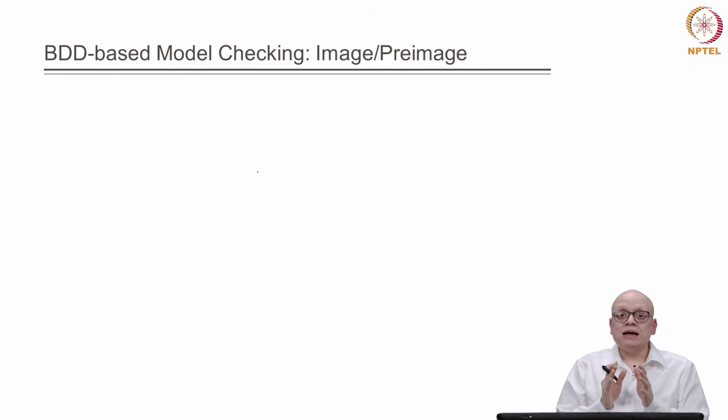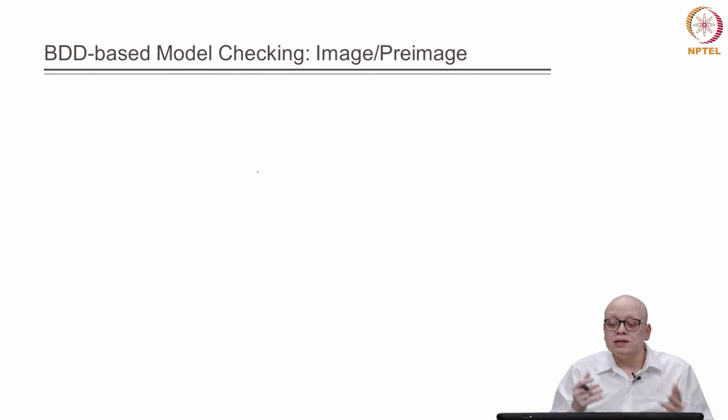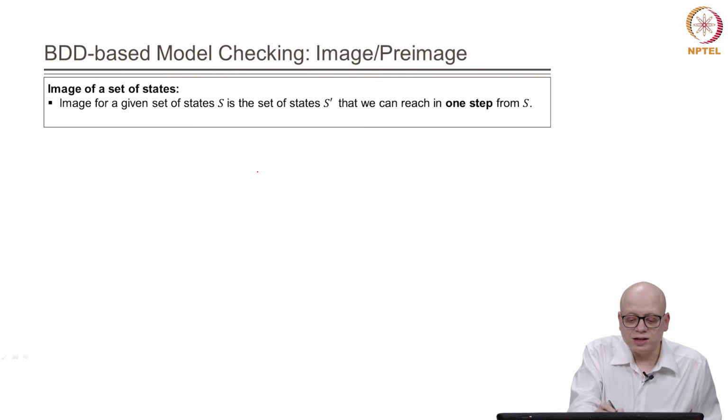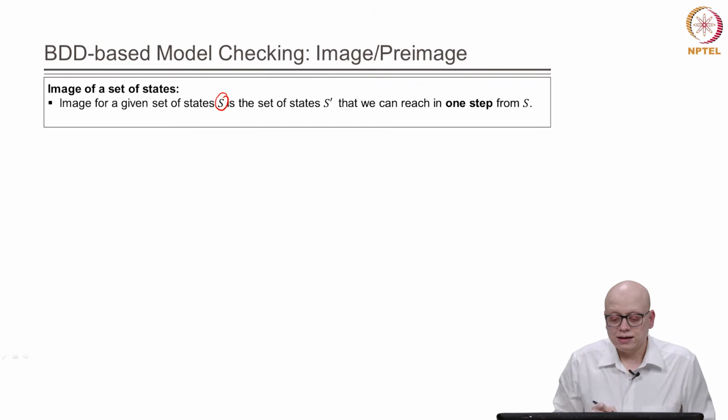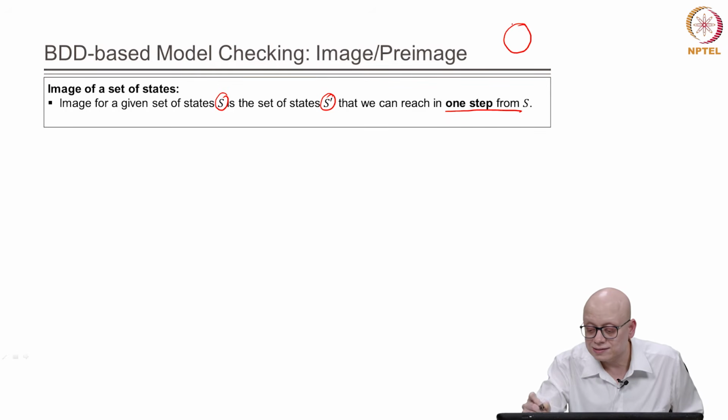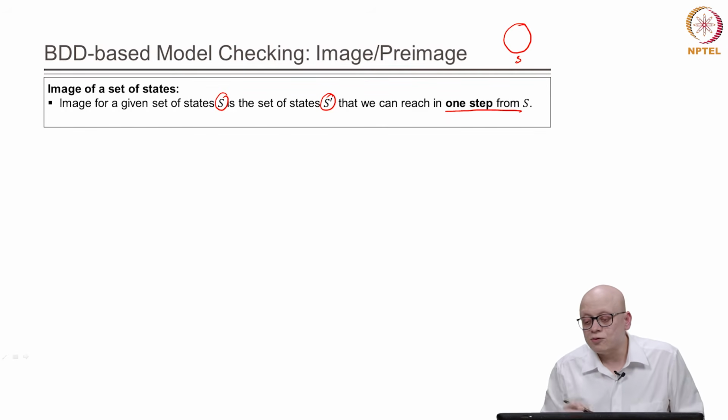So, the crux of BDD based model checking is the computation of image and pre-image. Let us understand what is image and what is a pre-image. Now, image of a given set of states S is the set of states S dash that can be reached in one step from S. Suppose this were the set of states S. This is not one state, there are multiple states here.